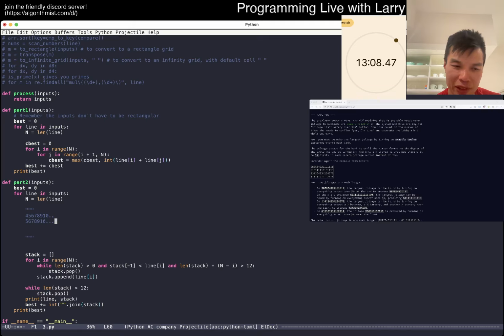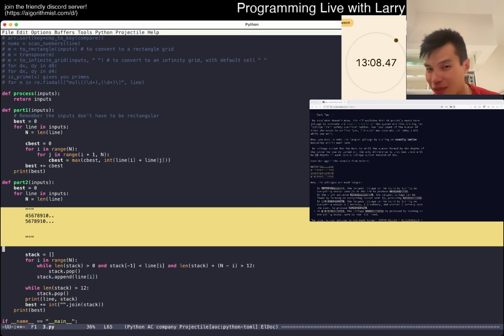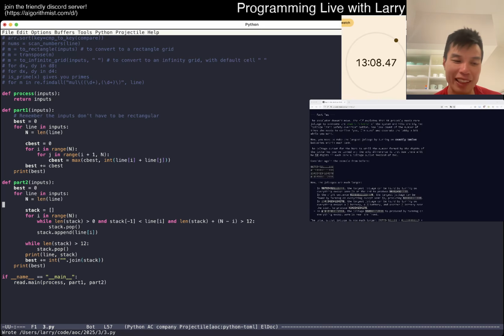Then you just keep going that way, and it turns out that this is a monostack if you follow it through and you want to label things. I never think about things as monostacks because it's just not very interesting. The more interesting thing about a monostack is not the fact that it's a monotonically increasing or decreasing stack.